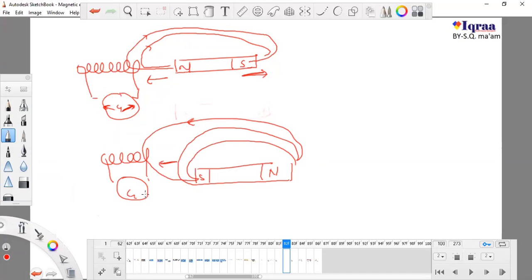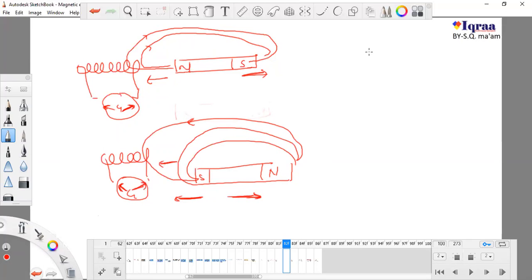So definitely there will be deflection, but the deflection will be just opposite. When you are making them closer, the galvanometer needle will get deflected, but now in this direction. And if you are moving the magnet and this coil apart, then the deflection is in this direction.